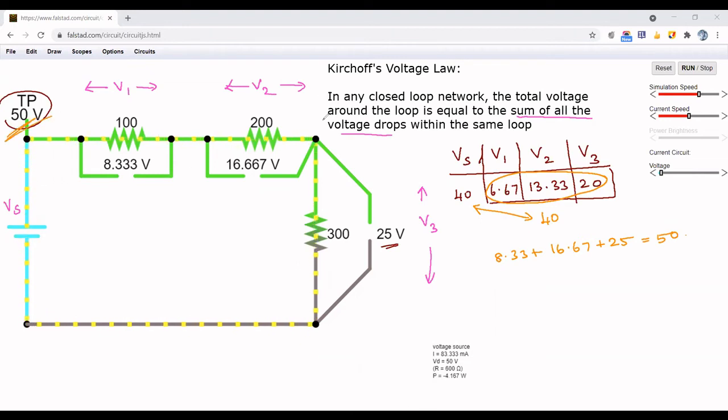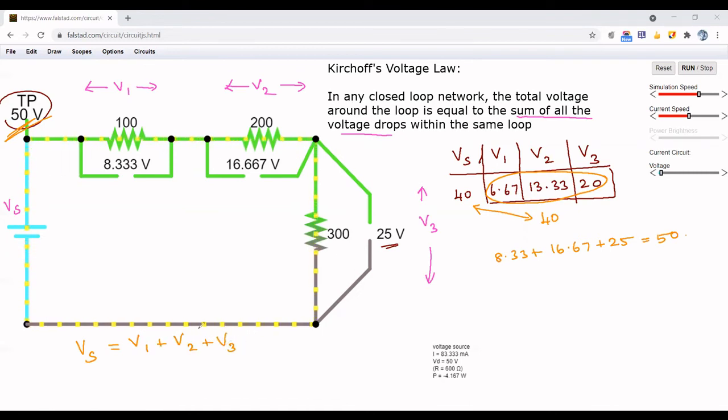So Kirchhoff's voltage law states that in any closed loop network, the total voltage around the loop is equal to the sum of all the voltage drops within the same loop. So in general, having this circuit, if we write the generalized equation, it is written as Vs is equal to V1 plus V2 plus V3.